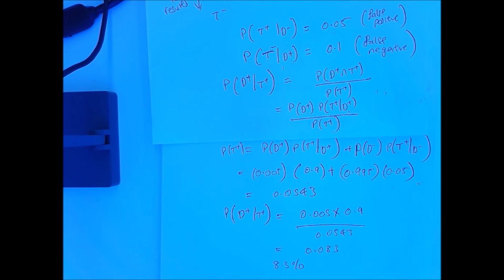Where did you get the probability for T plus given D plus? 1 minus T minus given D plus. So when you go back home, ponder about this: why is there such a big difference between these conditional probabilities? It's very interesting reasons.